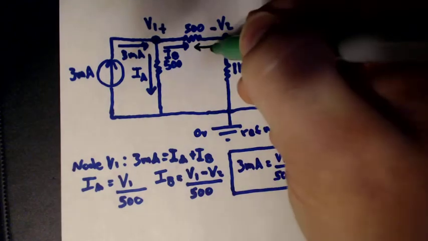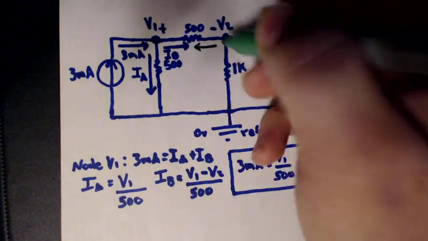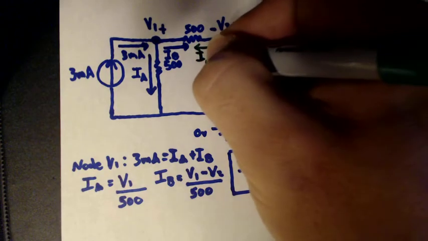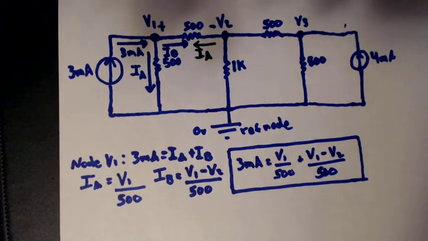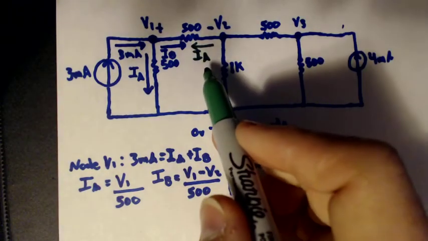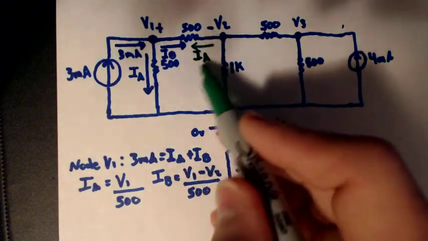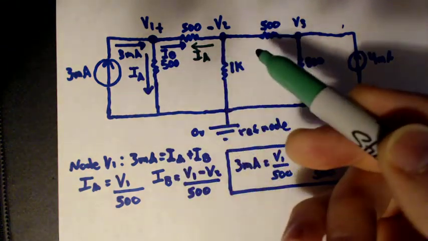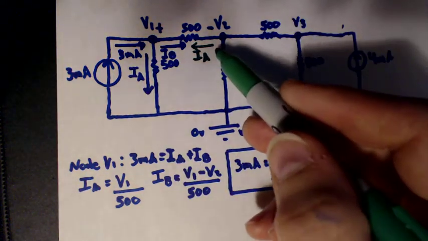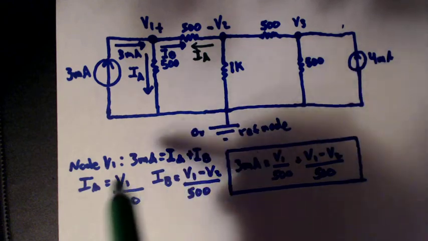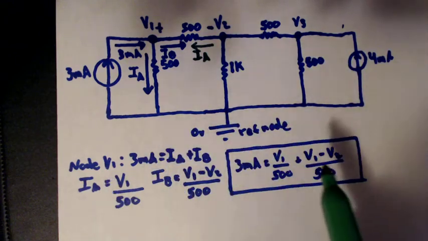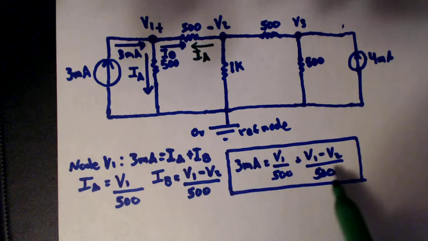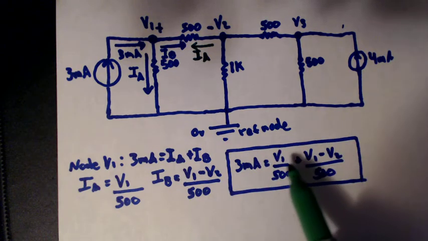Now again, I don't have a current, so I'm just going to go ahead and label this as IA. Now, keep in mind, I'm reusing this symbol IA. This IA is not the same as this IA. I'm just reusing IA, IB, and IC for the sake of the intermediary steps for arriving at my expression. If you notice over here, there is no IA involved over here or IB.